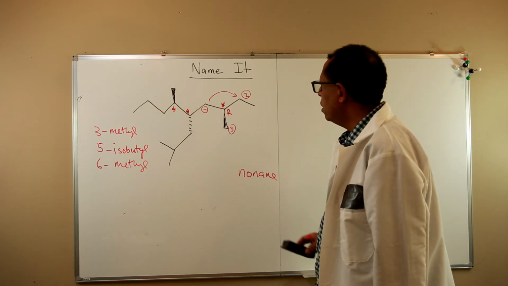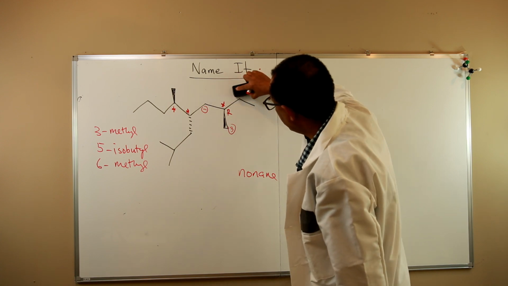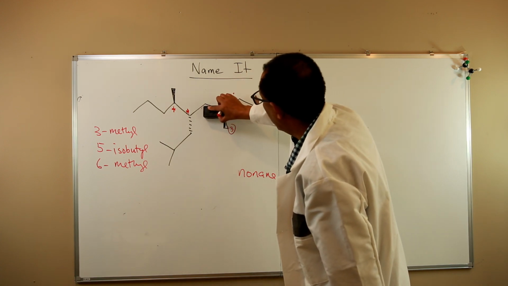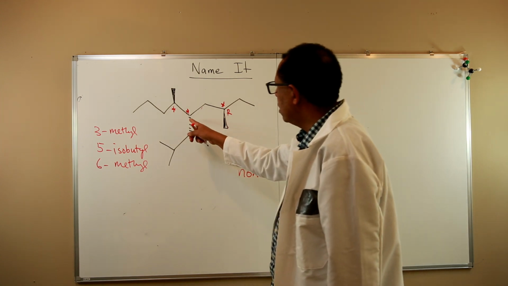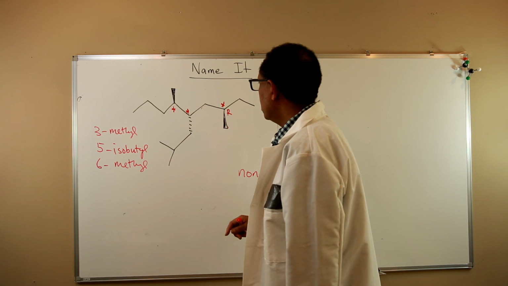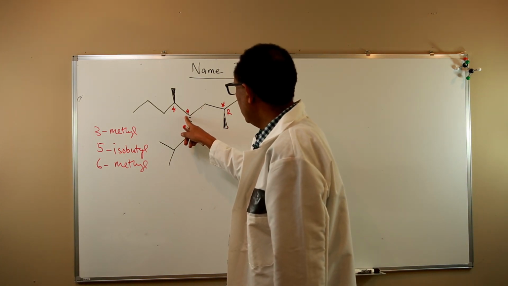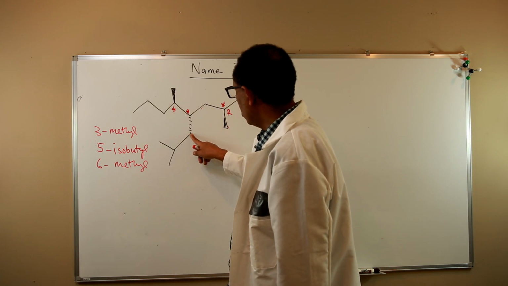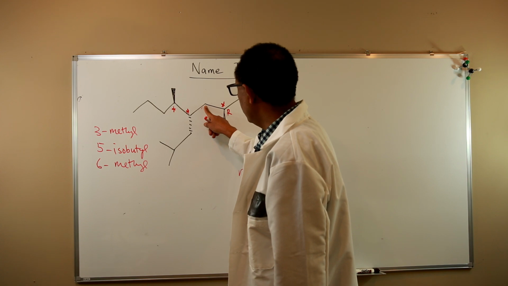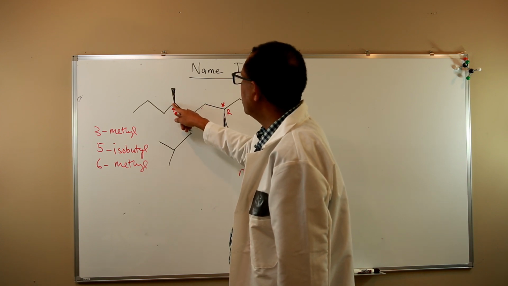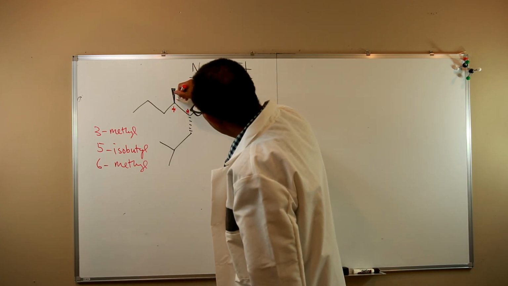So for that methyl, I have an R absolute configuration. Now, for this carbon right here, if you go this way, it is CH2. If you go this way, it's CH2. But if you go here, it is a CH carbon. So the priority would be for this one.